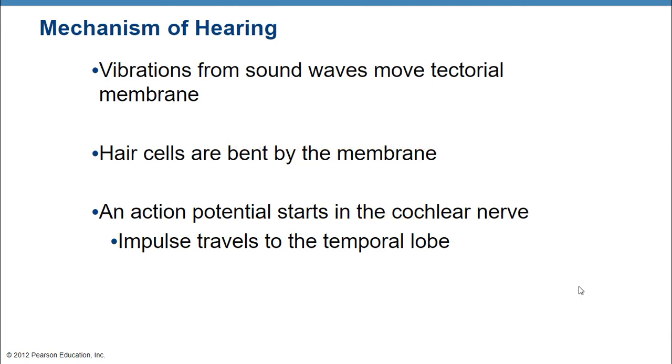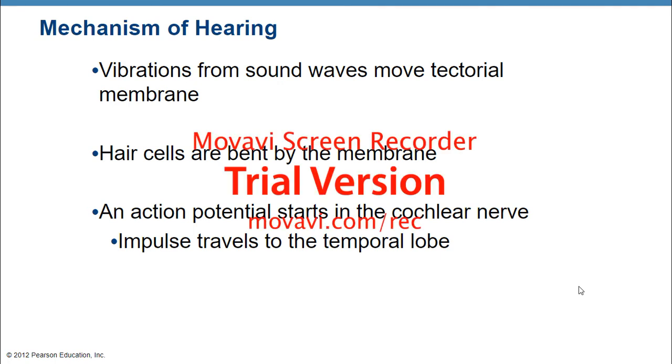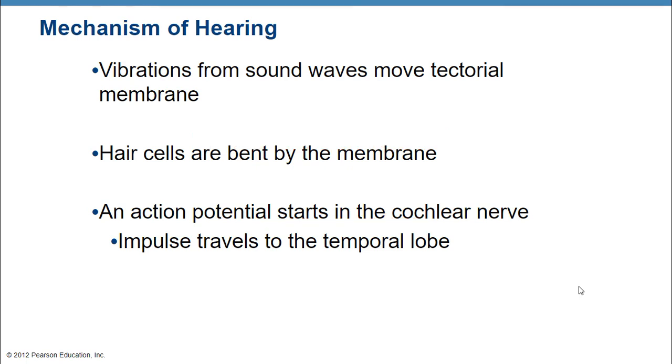In that cochlear duct, you're going to have your hair cells, and when they move, it's going to create that action potential, which is going to travel through the cochlear nerve to the auditory center in the temporal lobe of the cortex.